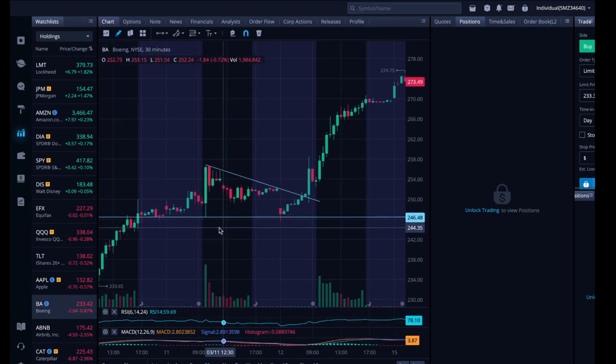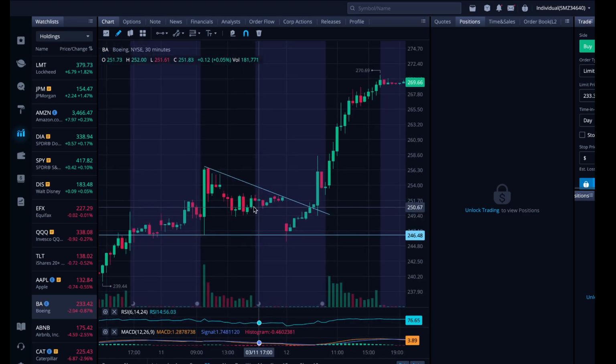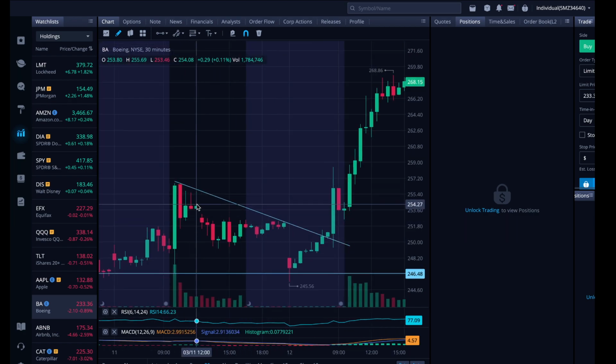So here we have our pause day, a descending triangle, and we have our pre-market lows here as our support, as it did tap that once again, right here. Perfectly, almost. Here we have one candle trying to break out.